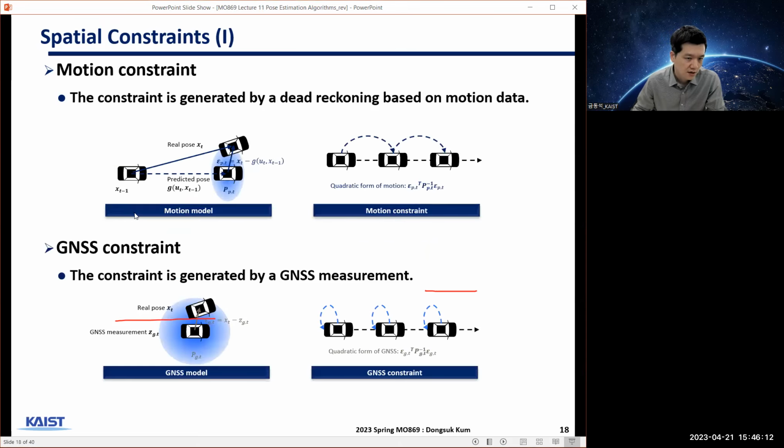But like I said, if you only rely on the motion model, then you can diverge because you can never correct.